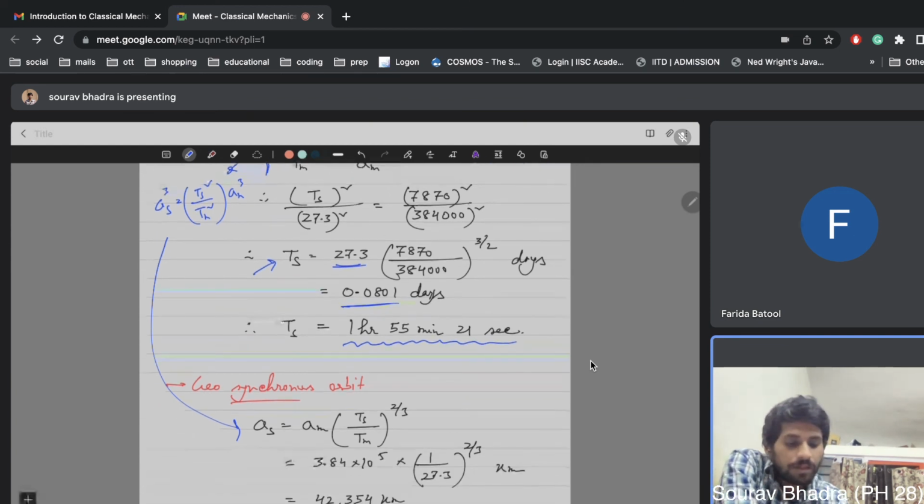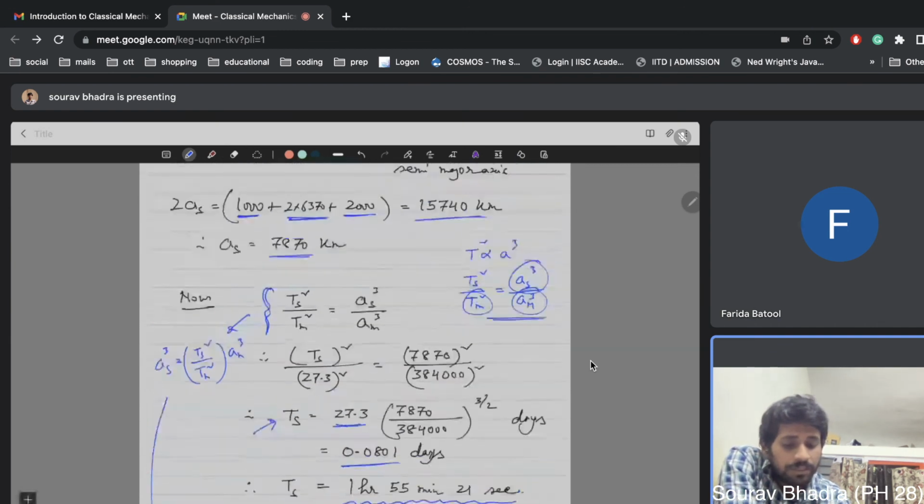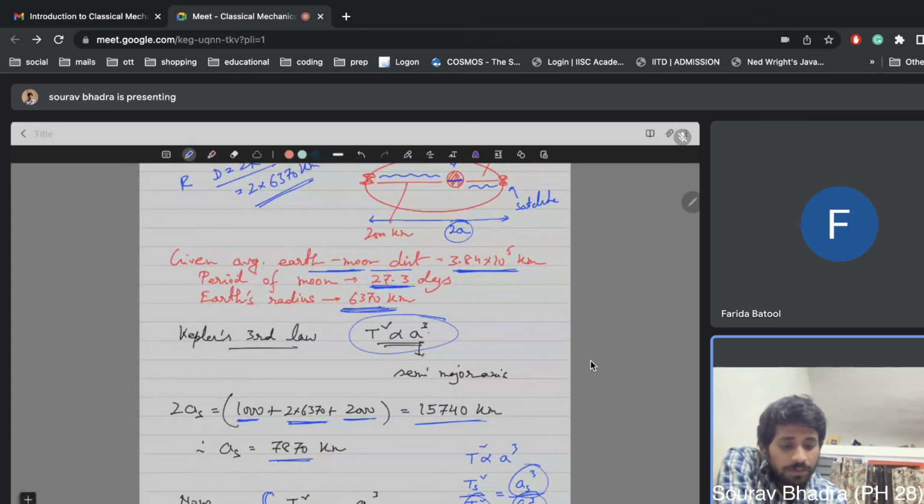Now for this case, Ts is given, which is 24 hours or 1 day, Tm is 27.3 days, and am is the average distance between the earth and moon, 3.84 into 10 to the power 5 km.